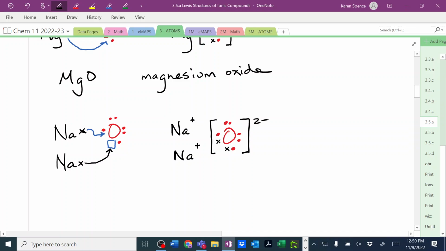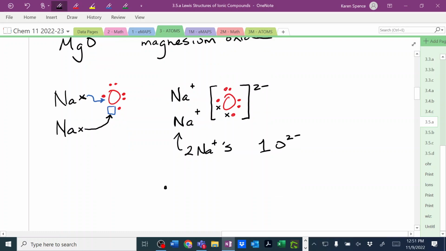So our formula, what is our formula? Na subscript 2 because we have 2 Na's and we have 1 O, and so our formula then is Na2O, and the name is sodium oxide.